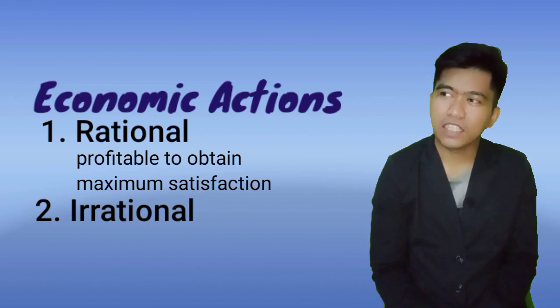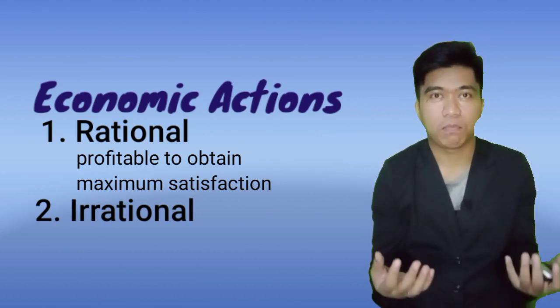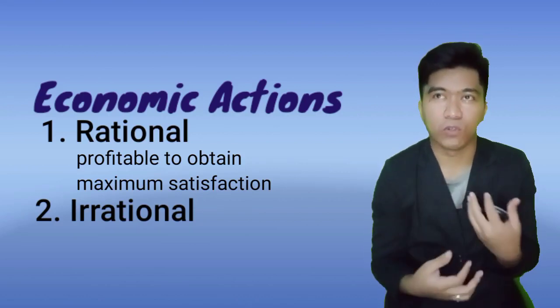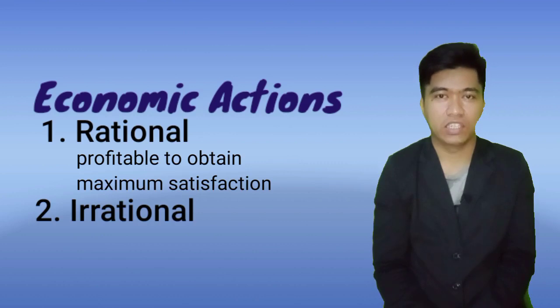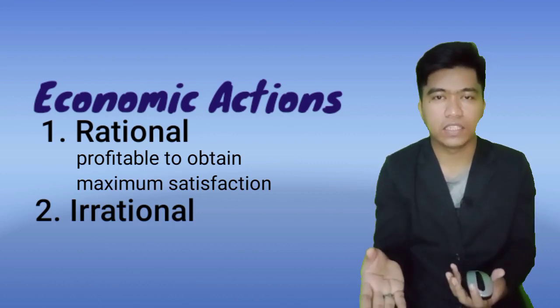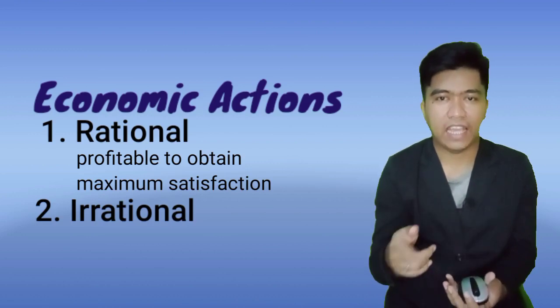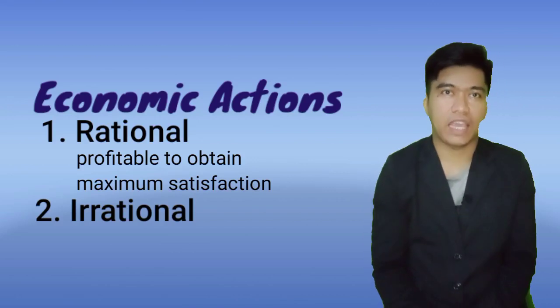For example, if you have something that you sell to gain some profit and you use some effort to get even more profit, that is rational economic action, because you know that action is profitable, so you do it. That is rational economic action. And the other way is irrational economic action.